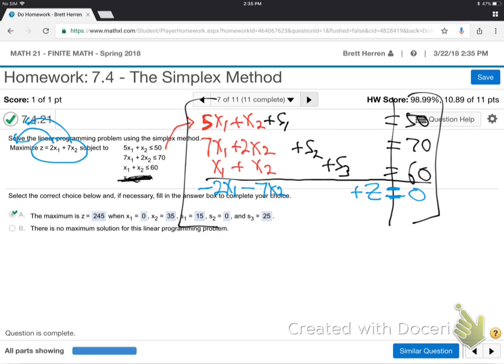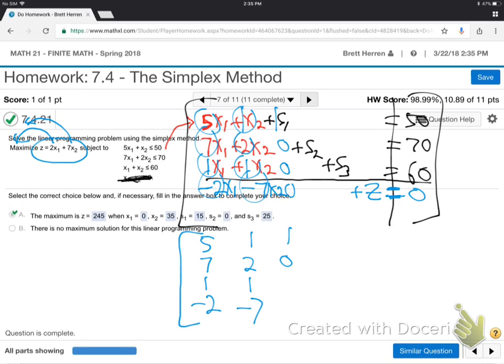Now turn that all into one big old matrix. Here we go. 5, 7, 1, negative 2. Next one. 1, 2, 1, negative 7. Next one. 1, 0, 0, 0. And 0, 1, 0, 0.